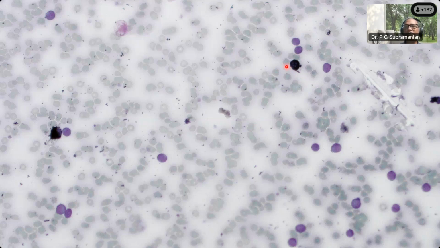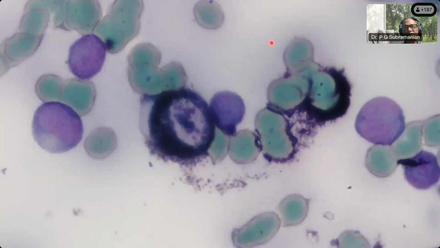This dark, black staining is characteristic of benzidine. These dark staining cells are your internal control, which could be myeloid cells, and your blasts are not stained.